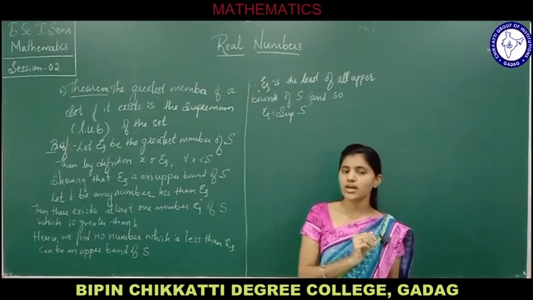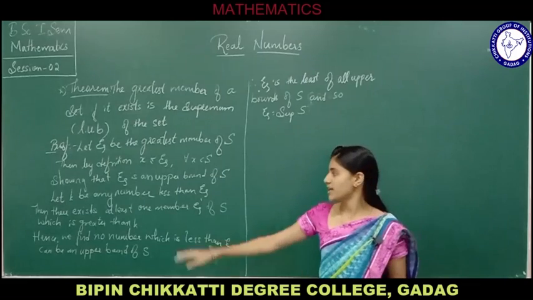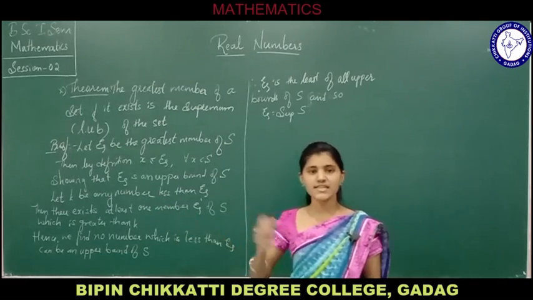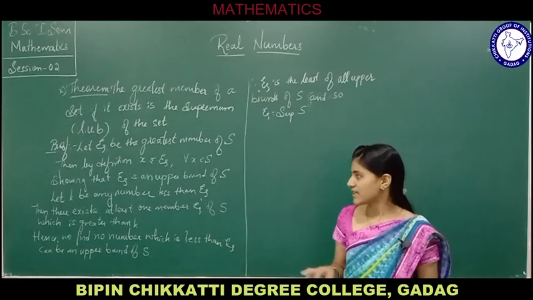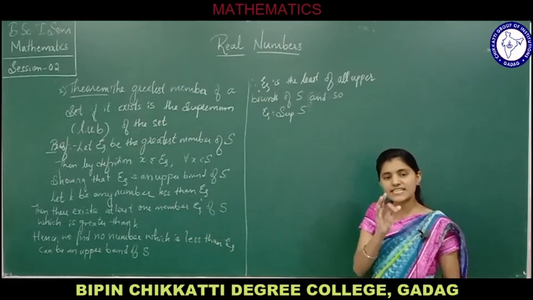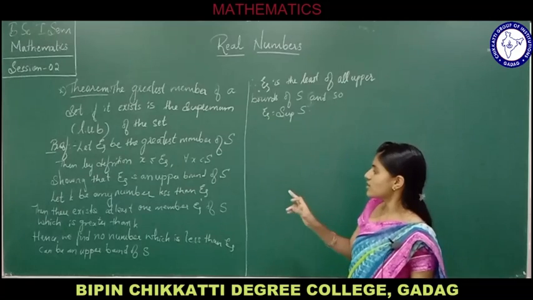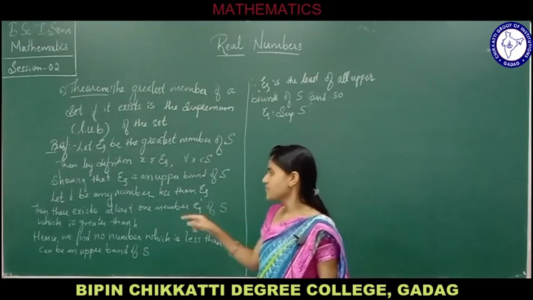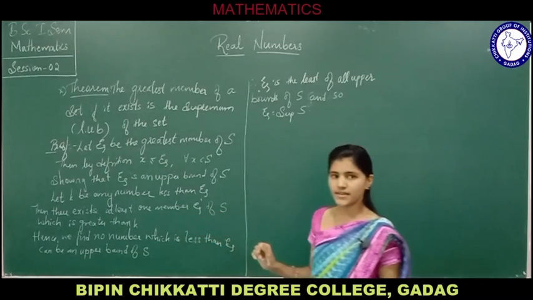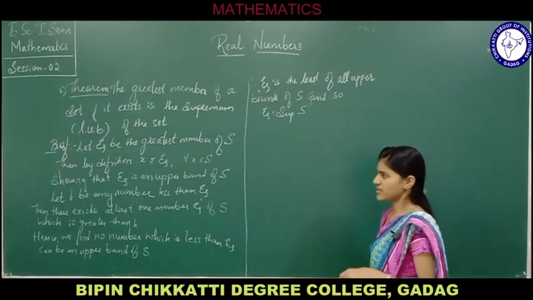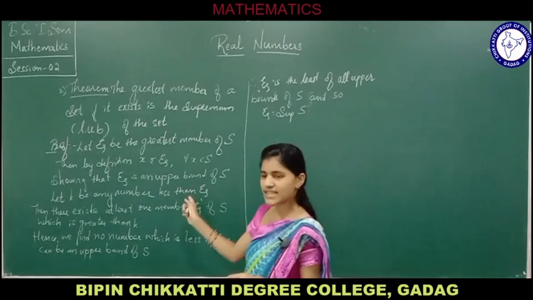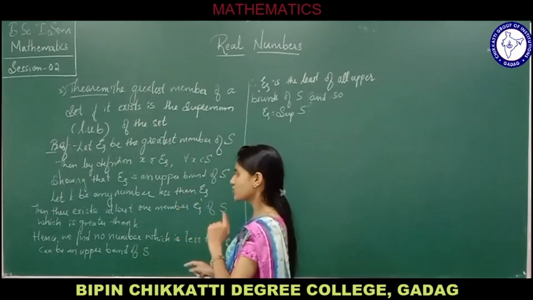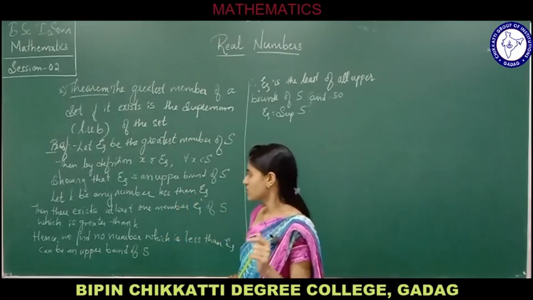To check whether it is not the upper bound, we consider k to be any number less than epsilon. If k is any number less than epsilon, then there exists at least one number epsilon dash of S which is greater than k, which was not possible.